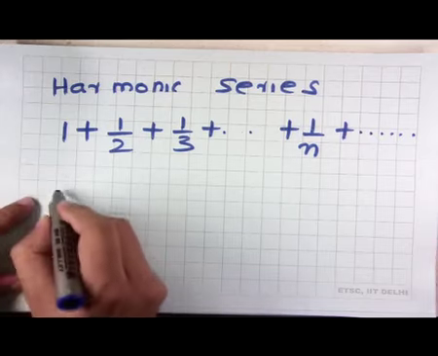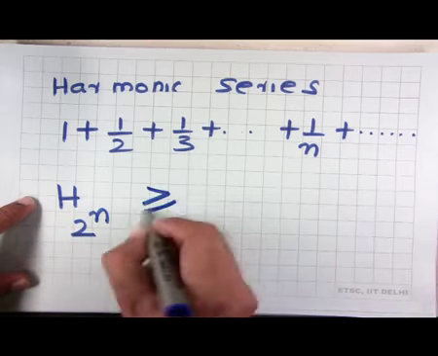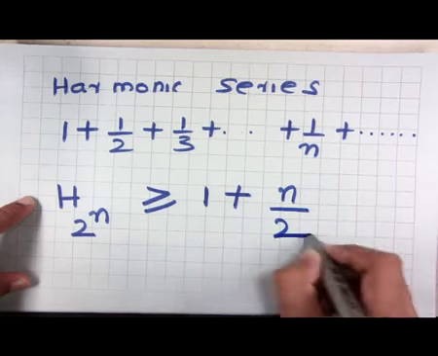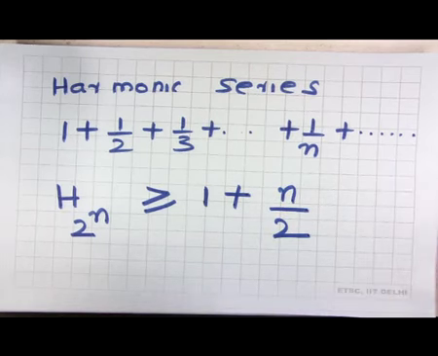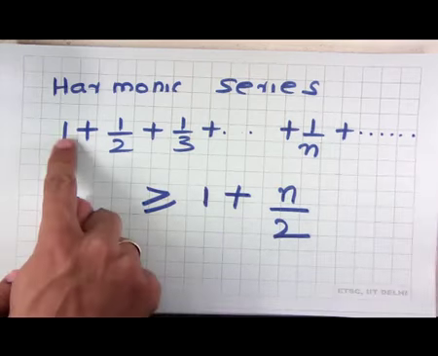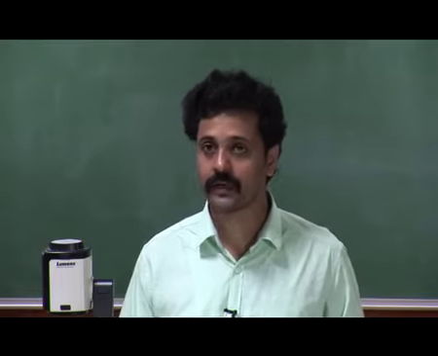And you have observed that the 2 power nth harmonic number is greater than or equal to 1 plus n by 2. Using this inequality, we can deduce that the harmonic series, namely 1 plus 1 by 2 plus 1 by 3 plus etc., is not convergent.